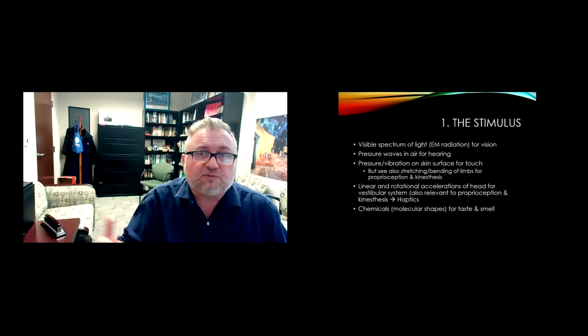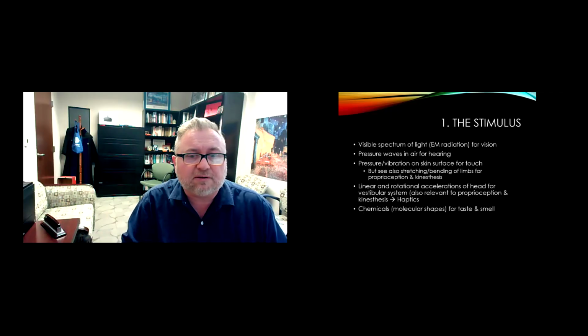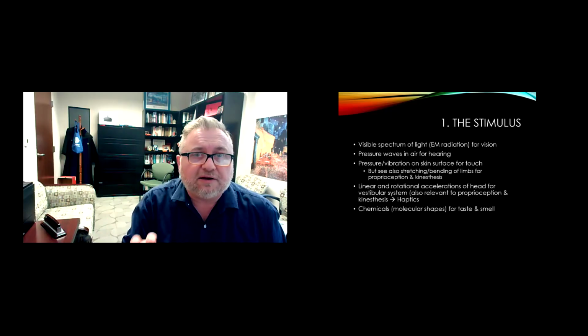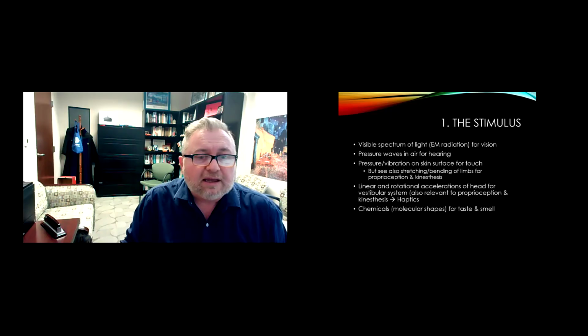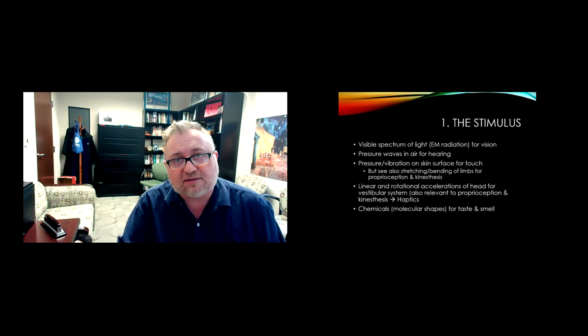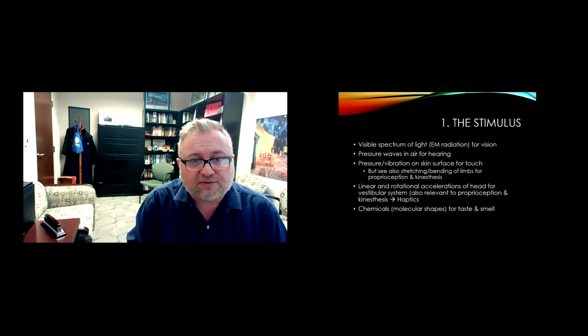And so that pressure wave is going to enter into your ear, and it's going to cause different moving parts, the eardrum, the three bones, hammer, anvil, stirrup, to vibrate. And eventually this vibratory pattern is transmitted into the cochlea of the inner ear, where we have these little hair cells and little membranes inside the inner ear that are going to start vibrating. And they pull and push and pull on the cilia of these hair cells, and that triggers an action potential. So that then becomes the stimulus, these pressure waves.